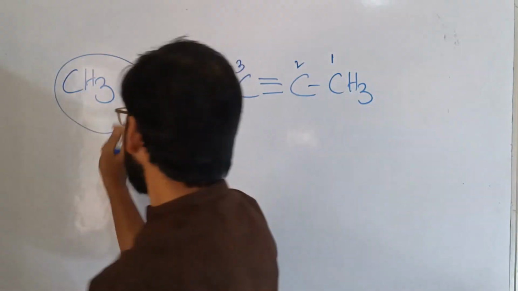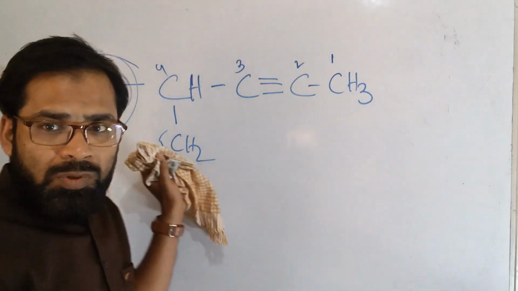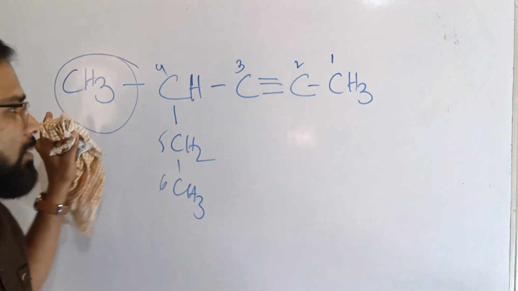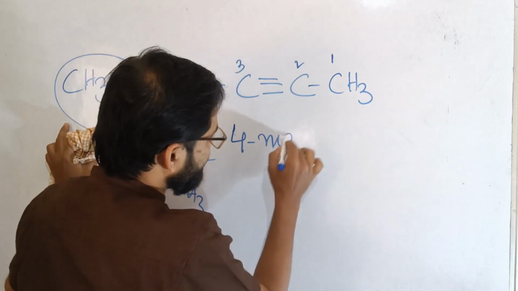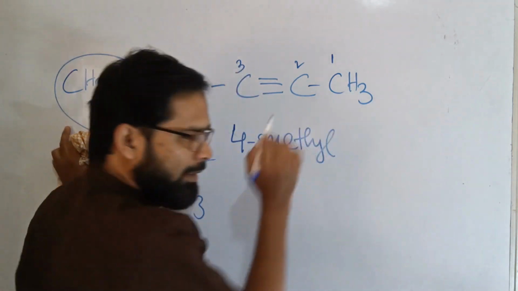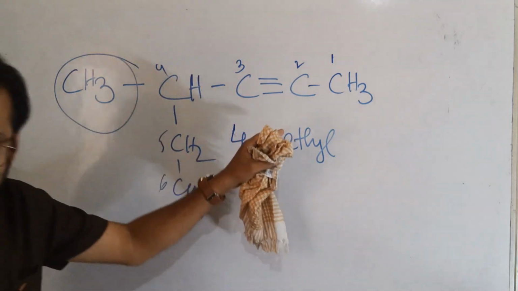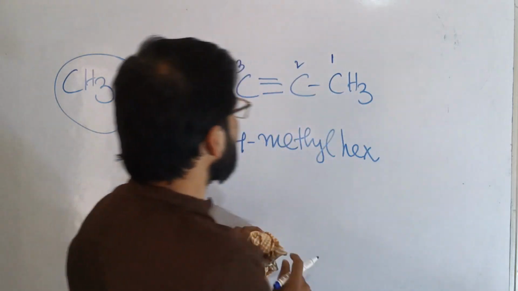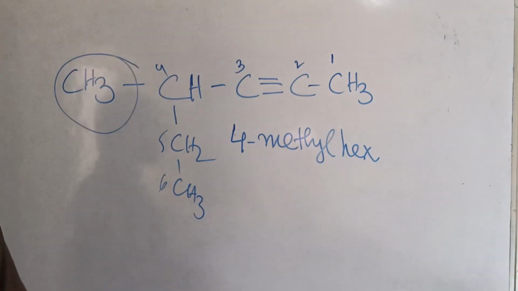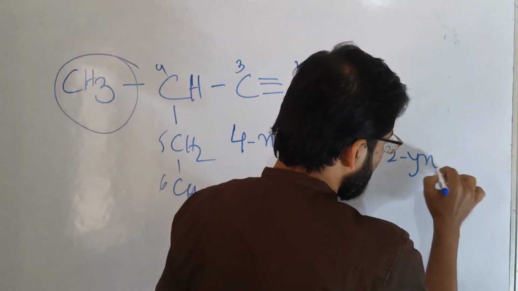And this will be the substituent. So first we have to write the substituent. So 4-methyl, then hex, which position? Triple bond, 2, hex-2-yne.